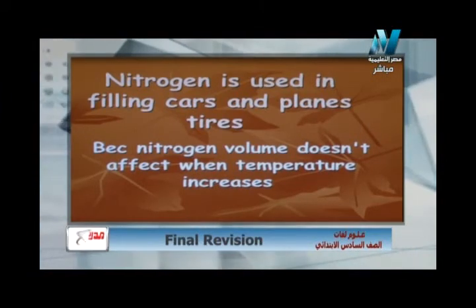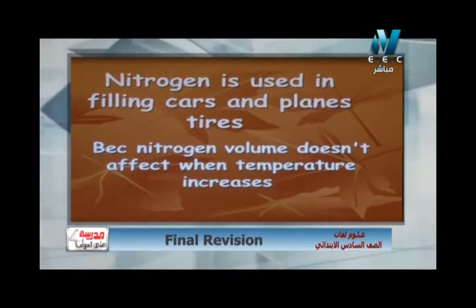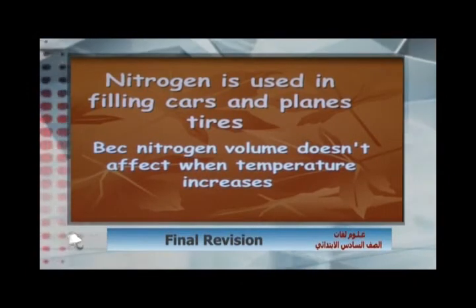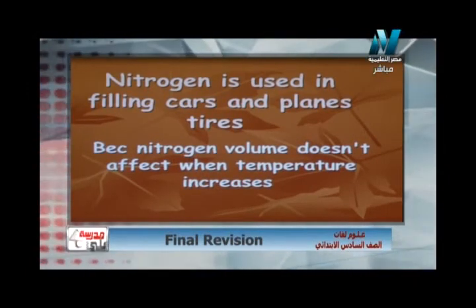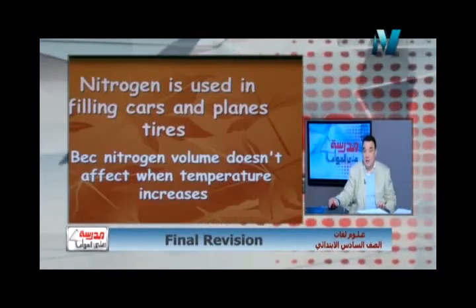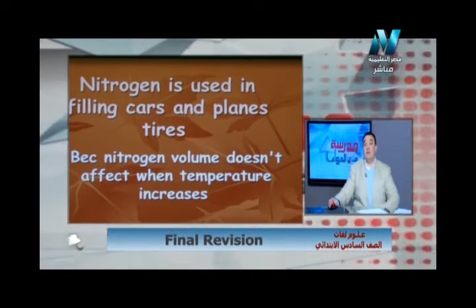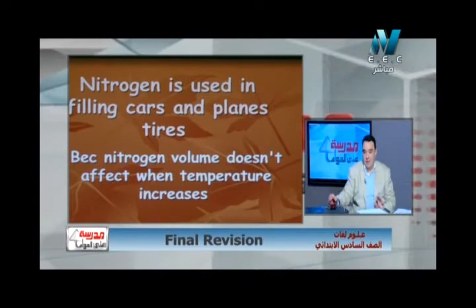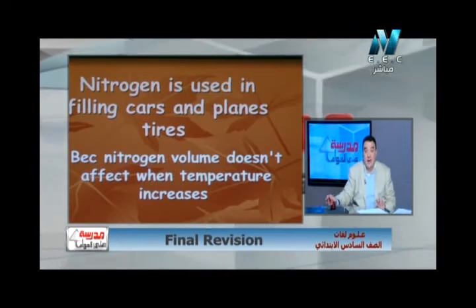Whether the weather outside is too hot or too cold, nitrogen has a constant volume, which is very important for the tires of planes and cars. So again, nitrogen is used in filling car and plane tires because its volume isn't affected by the change of temperature outside the tire.